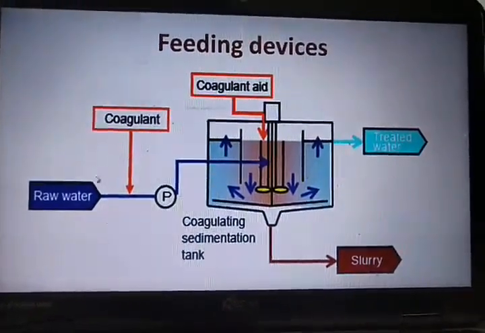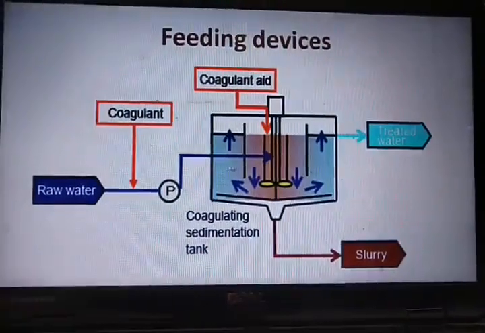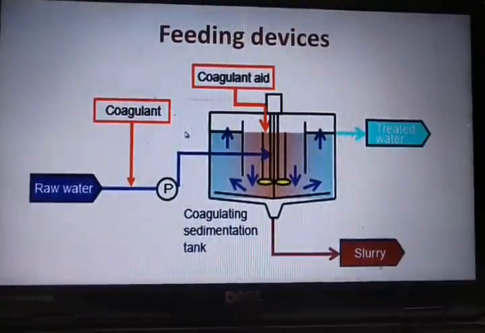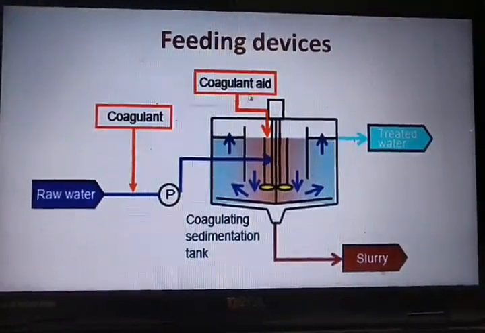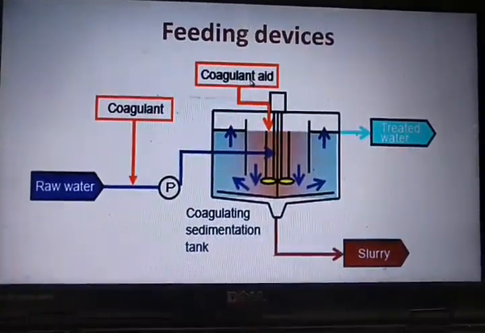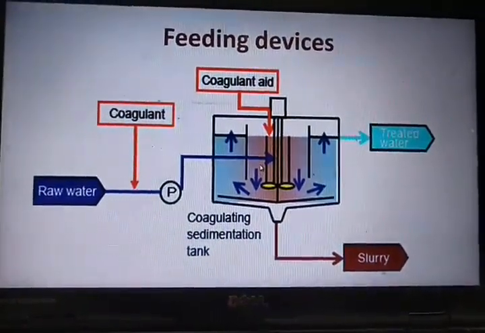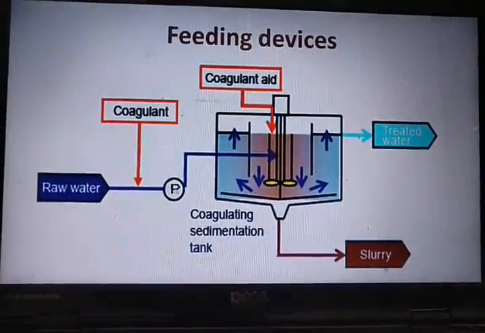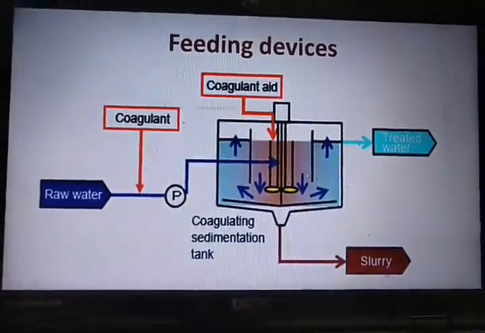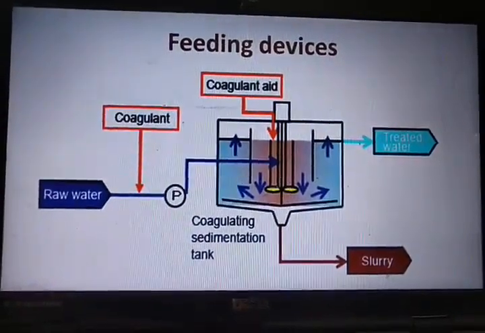This is the raw water inlet, through which the water is allowed inside this tank. Then we may add the coagulant and also the coagulating aid so that there could be an effective coagulation process, and upon mixing action, all these chemicals will be properly mixed with the water in contact.